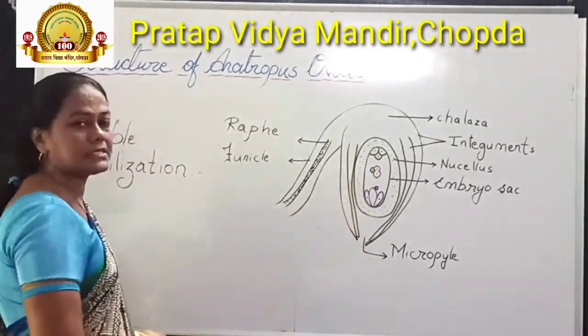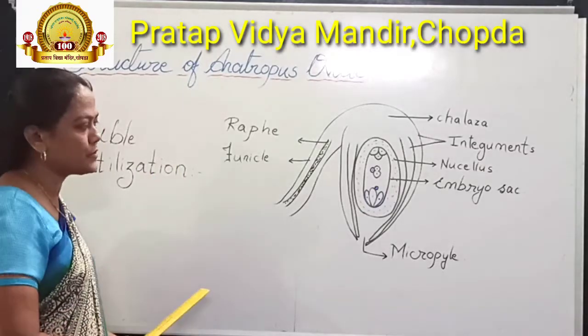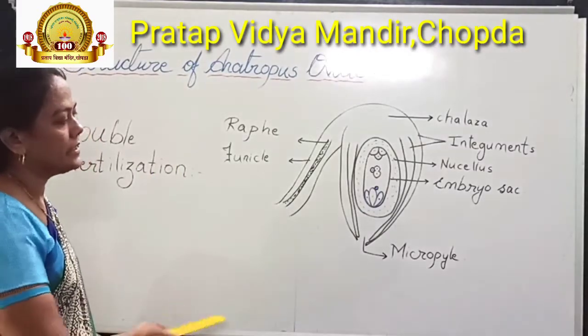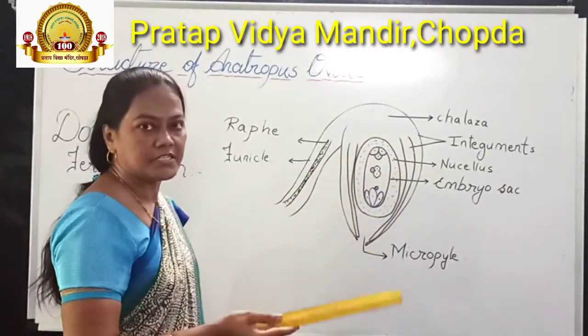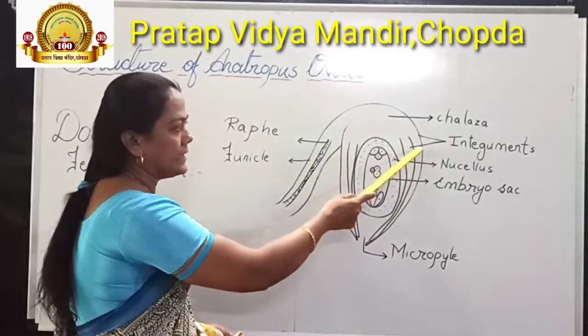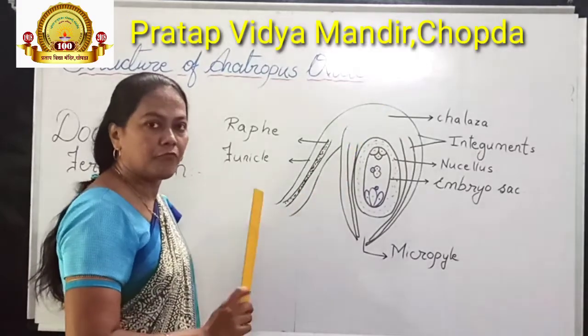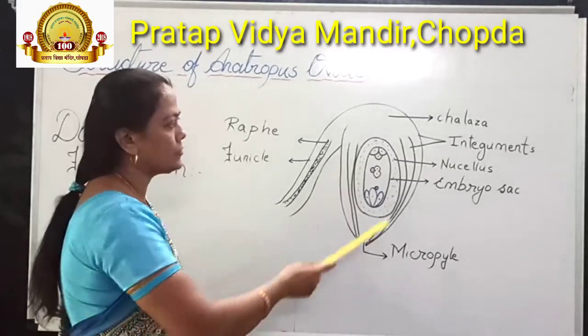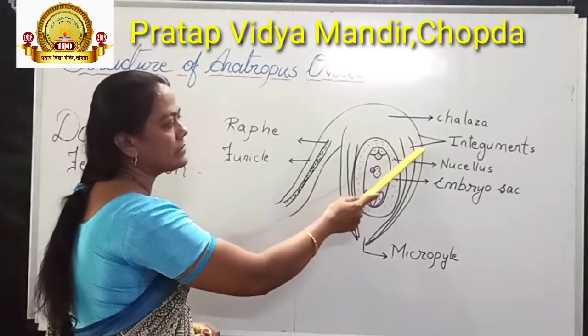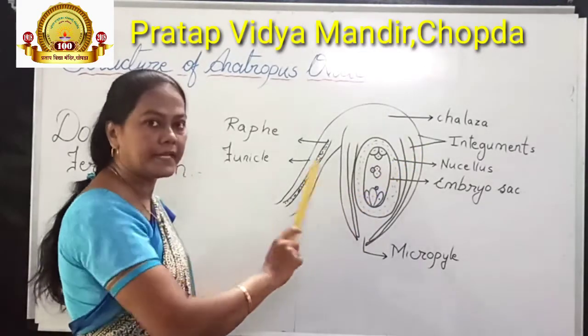Now, as soon as the double fertilization process is completed, the structure of this ovule will change. The integuments will become harder and change in color to form hard coverings called testa and tegmen.